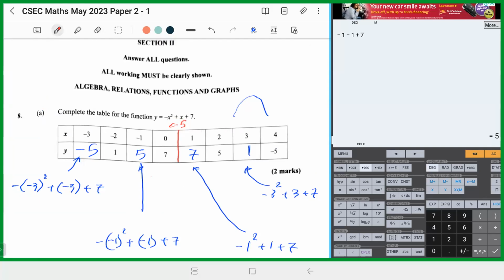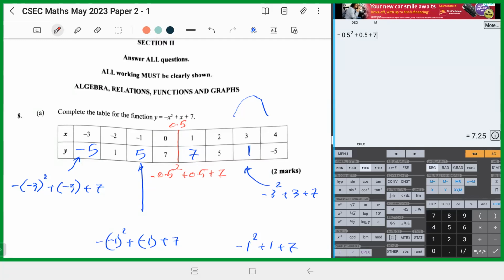So it will be minus 0.5 squared, and then plus 0.5 plus 7. I'm going to work that out. I want to know that value. It will be minus 0.5 squared, and then plus 0.5 plus 7. That gives 7.25.